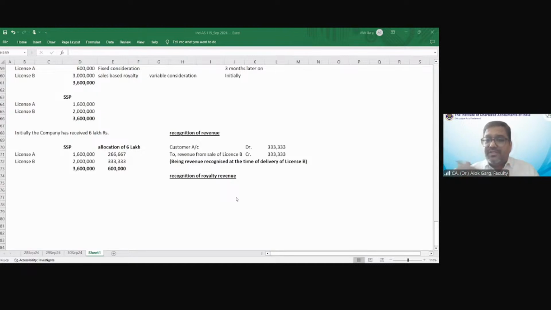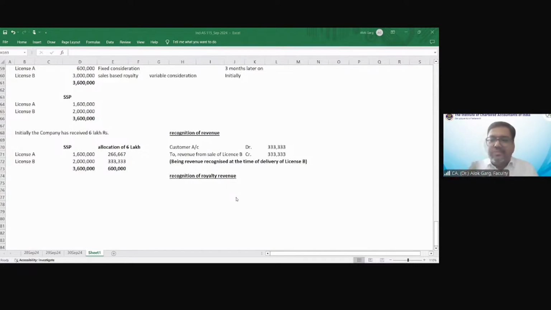But when we come to situation B, case B, it says that the fixed consideration of A is 6 lakh rupees and the entire variable consideration of B is 30 lakh rupees. Right. So in this contract, there is some manipulation. The contracted price of A has been suppressed and the contracted price of B has been uplifted.